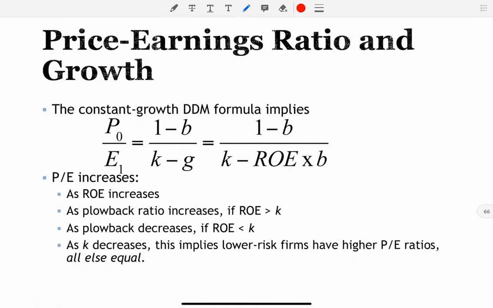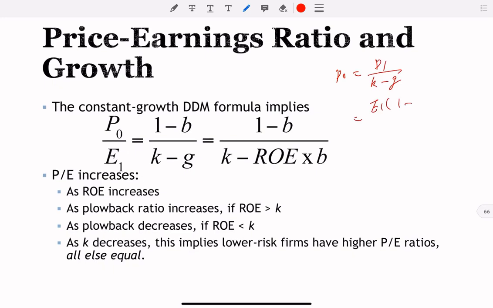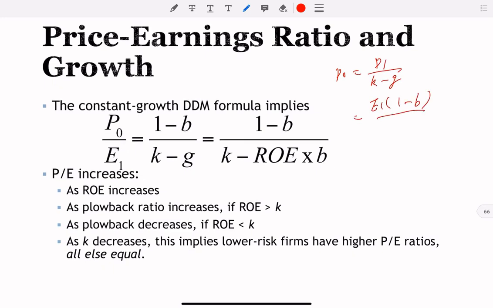Now we could also look at this from the perspective of the dividend discount model. So we know P0 equals D1 divided by K minus G. And D1 equals E1 times 1 minus plowback ratio. G is ROE times plowback ratio, right?